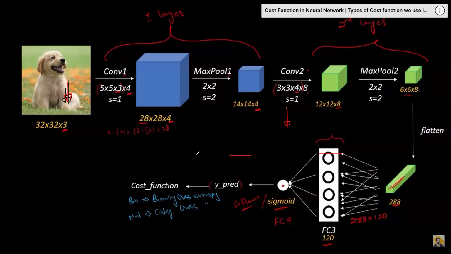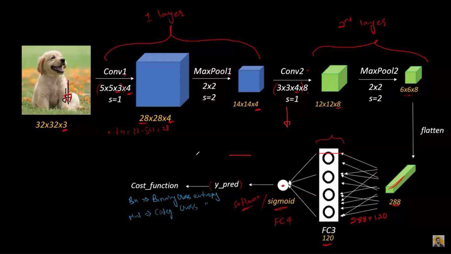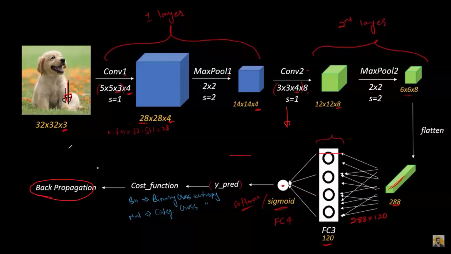And again, our job is to minimize this cost function so that we can train our model and make it more accurate. So how do we do the training? The answer is by using our same old backpropagation algorithm, or the backpropagation technique that we used in our ANN, the artificial neural network, or the simple or normal neural network.